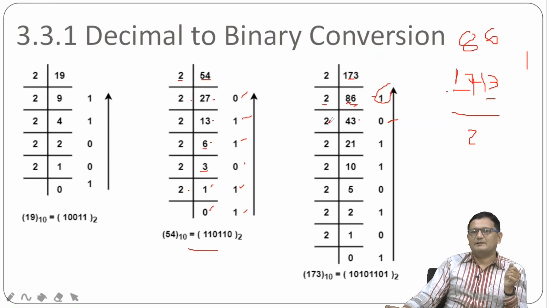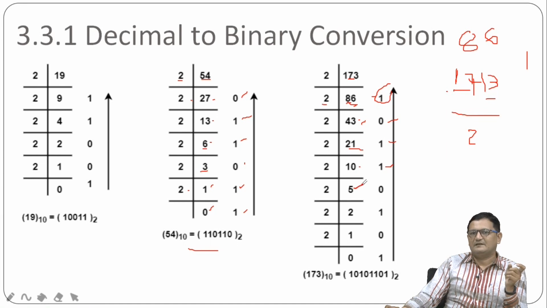Then divide 43 by 2. We get 21, but 21 2s are 42 and the number is 43, so one remainder is there. Similarly divide 21 by 2. 10 2s are 20, and the number we want is 21, so 1 is a remainder.